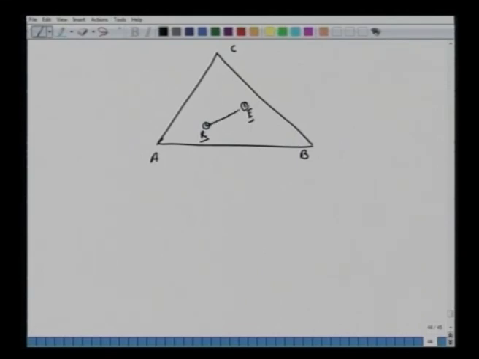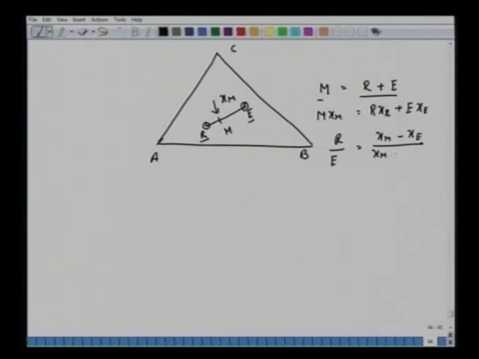If we add the two, we have the new mixture M, which will have the mole fraction for C as XM, and this has to be on this straight line connecting R and E. That's about the mixing rule: M equals R plus E. Anytime you have addition, the equations like M equals R plus E, M XM equals R XR plus E XE, one can show that the ratio of R by E will be equal to XM minus XE over XM minus XR.